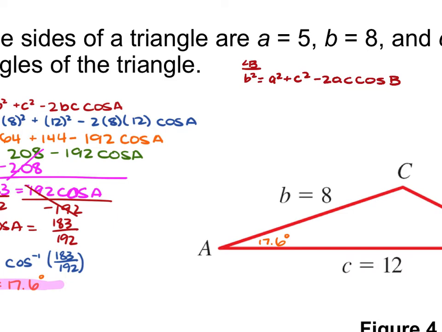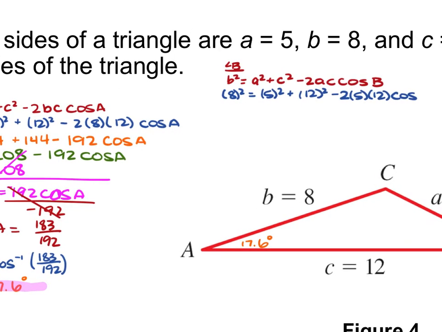Your b squared is going to be 8 to the second power, a to the second power is 5 to the second power, plus c to the second power, that's 12 to the second power, minus 2 times a, which is 5, times c, which is 12, cosine B.